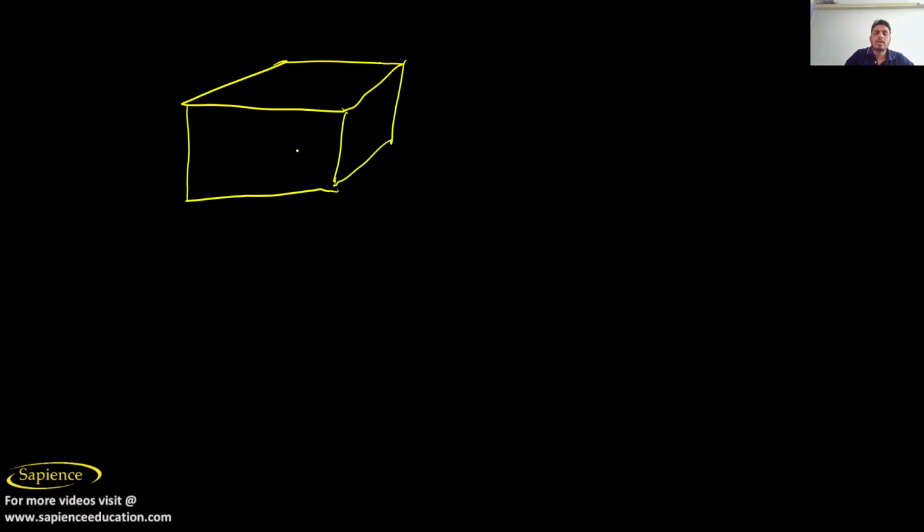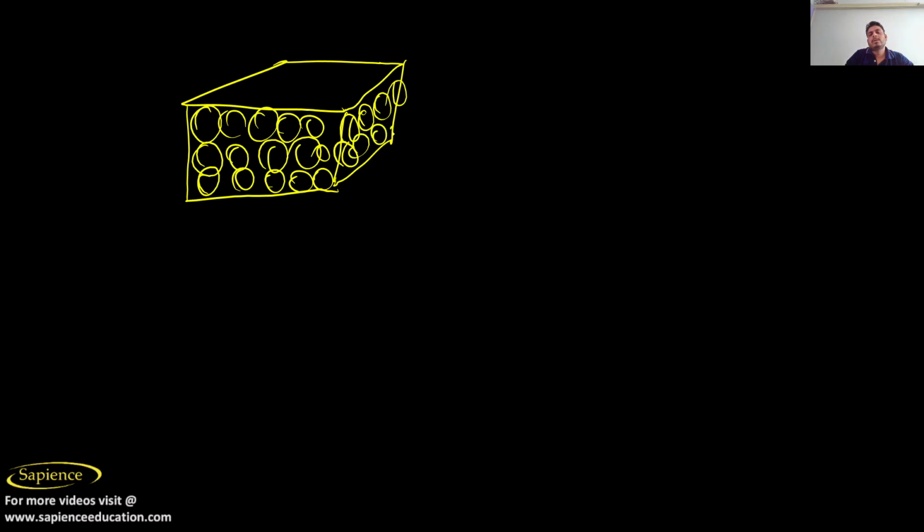But if you go to a liquid, there are three structures. Let us consider this is your solid. Try to understand what the constituents of this solid are, how the atoms are inside a solid. The atoms are very closely and tightly packed like this, and the intermolecular force is very high.